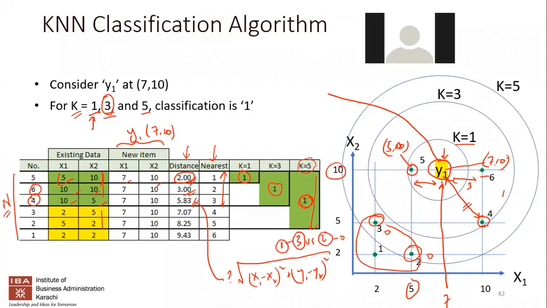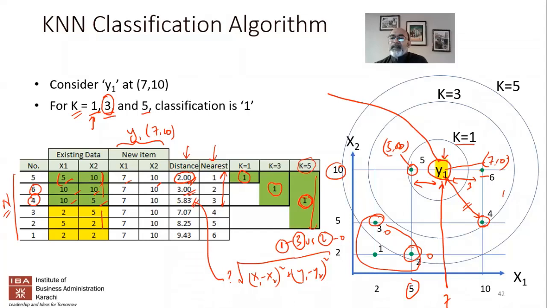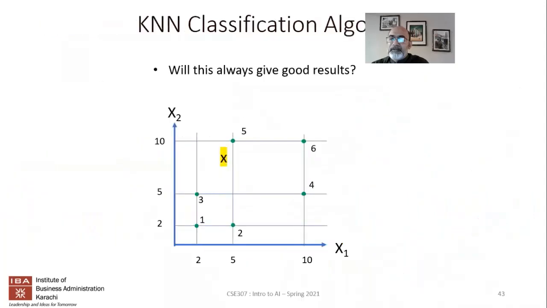Now the question is, will this always work, or will this always give you the best results? And can somebody think of an example where it may not give you a good result? So let's take a look at this example.